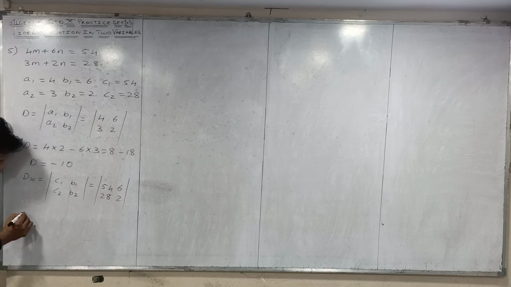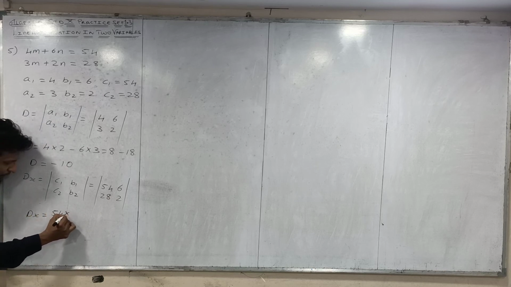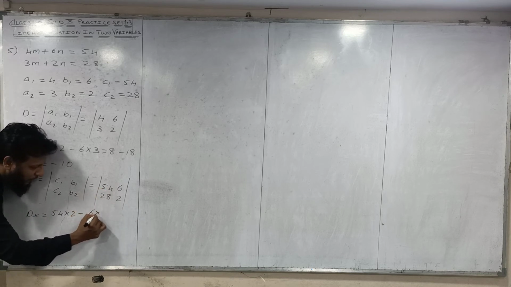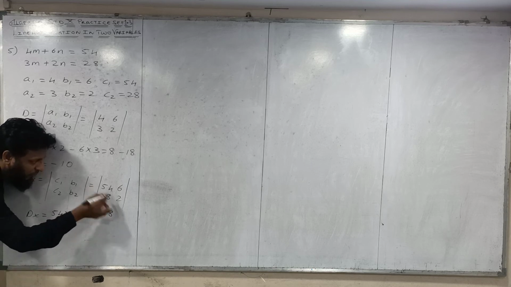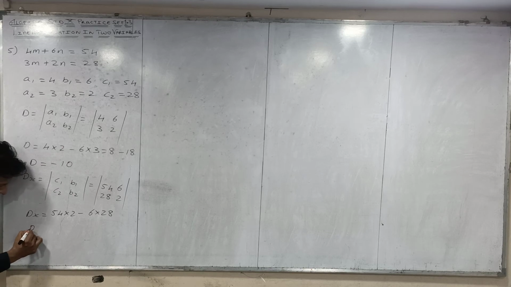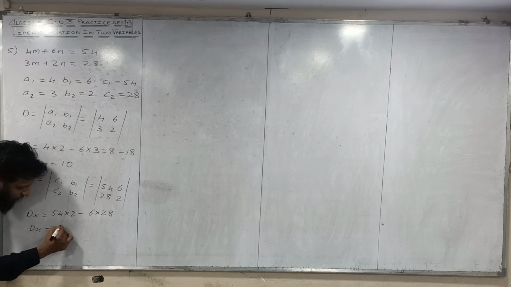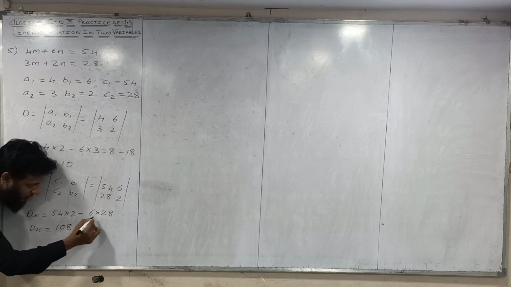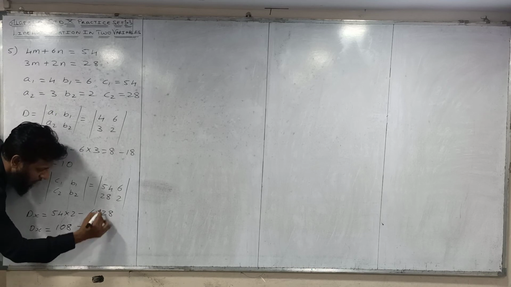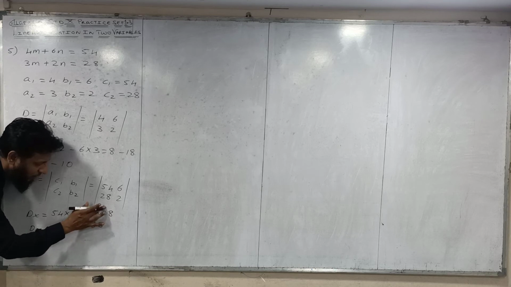So dx is equal to 54 multiplied by 2, put minus sign, 6 multiplied by 28. 2 fours are 8, 2 fives are 10, 108. 6 eights are 48, 6 twos are 12 and 4, 168.